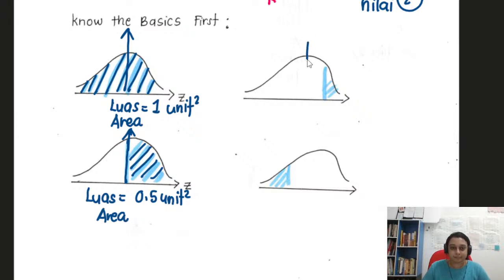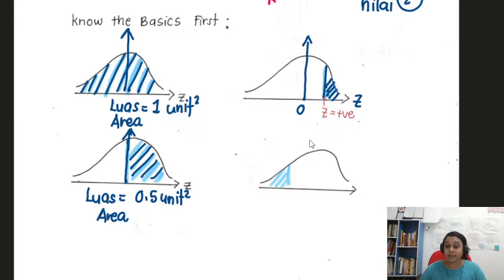Okay, if here like this, this part, a small part on the right hand side, sebelah kanan, they lorekkan. That means here your Z will be positive Z. Z kita mestilah positif.